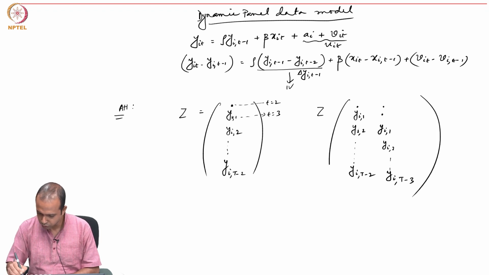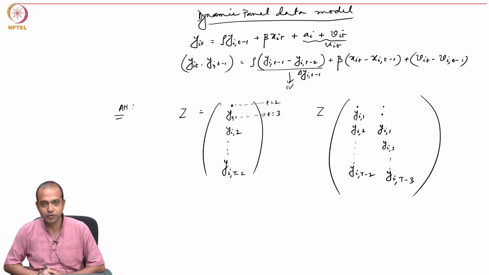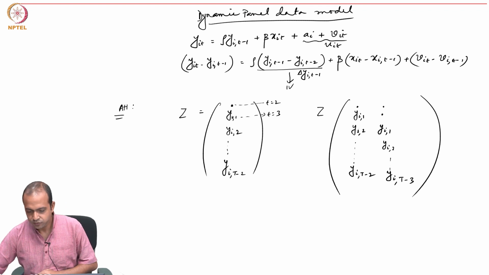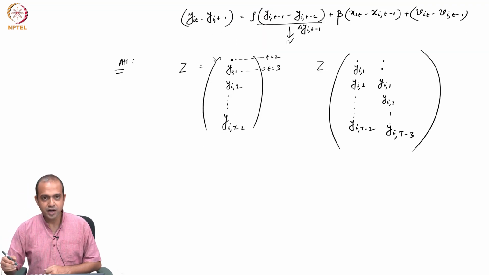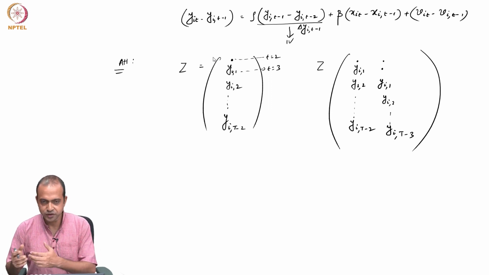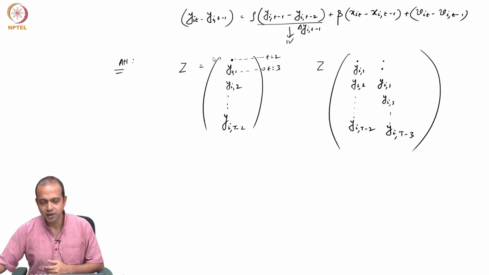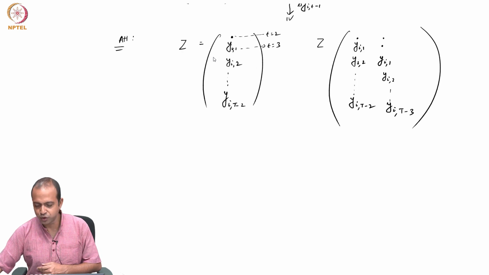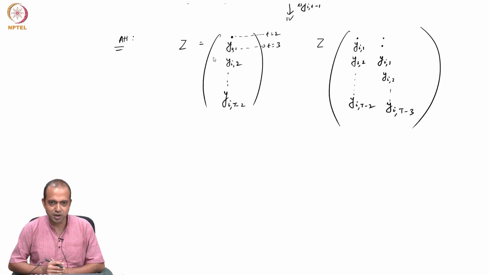This will become your instrument matrix. So that means in Anderson and Hsiao's approach, when I add more lags into the instrument matrix, my lag length is increasing, but at the same time my sample length is decreasing, and that is why we said that there is a trade-off between lag length and sample length. That was Anderson and Hsiao's approach.